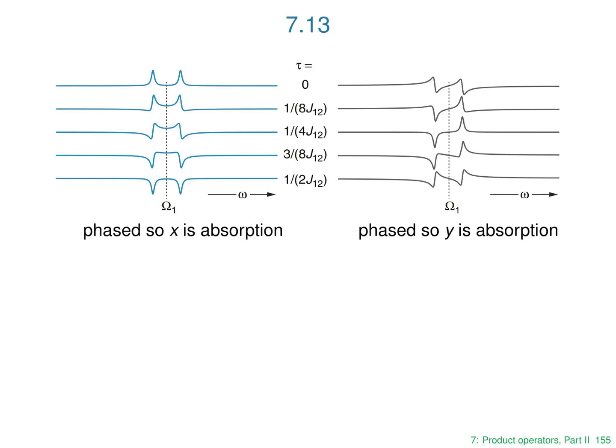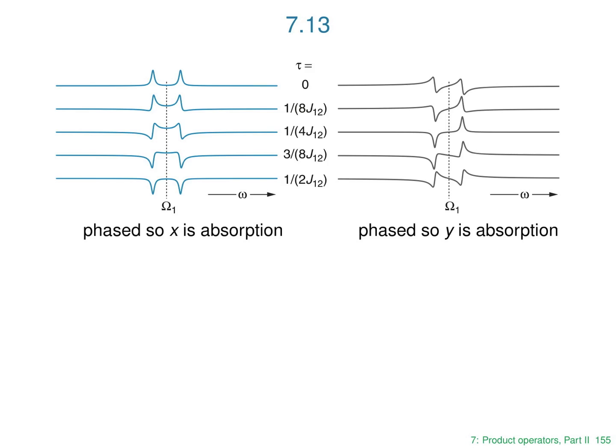Then as you increase the delay, you start to get more and more of the antiphase term. In fact, when the delay tau is 1 over 4J, you get 100% antiphase. You can see that most clearly on the right, because the antiphase comes along the y-axis. So if I phase y to absorption, you can see that when tau is 1 over 4J, you get 100% conversion to the antiphase.